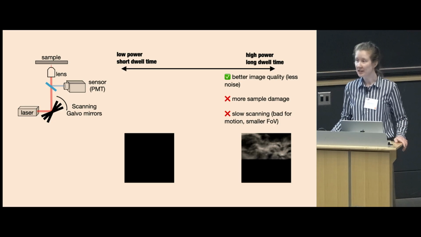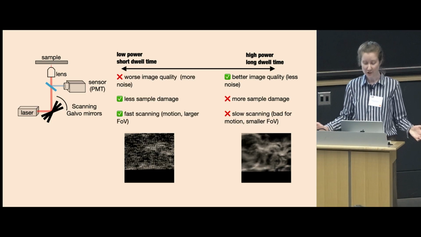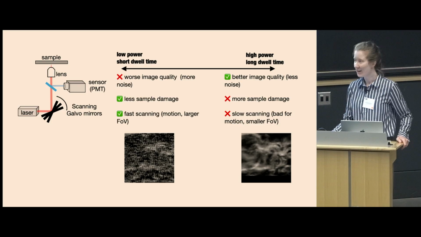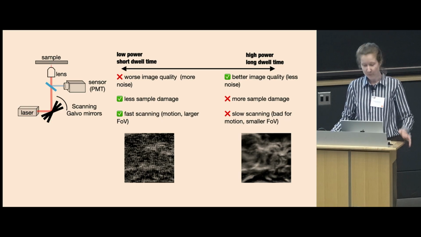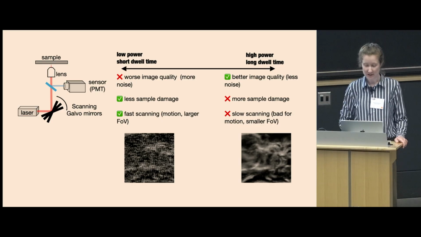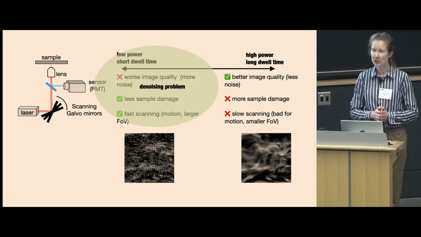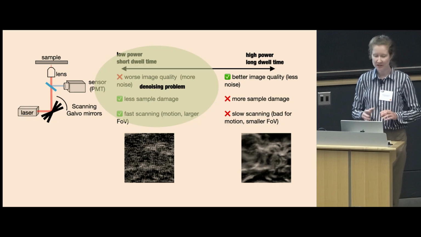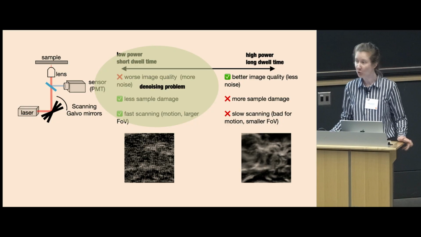But this results in sample damage due to this high-power pulsed laser, and it's also very slow. Alternatively, you could scan it really quickly and get something that's very noisy, but this is going to be very, very fast. We think of this as kind of a denoising problem of, can we really break this trade-off and say we want to do this really, really fast, but still get as good of image quality as possible.